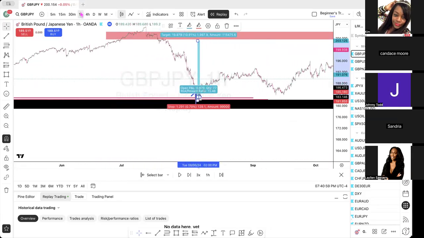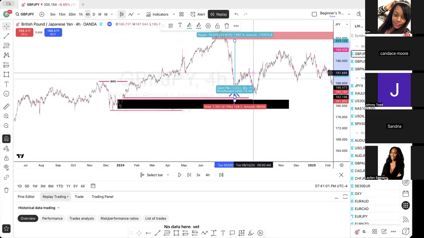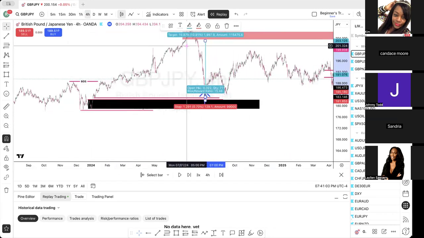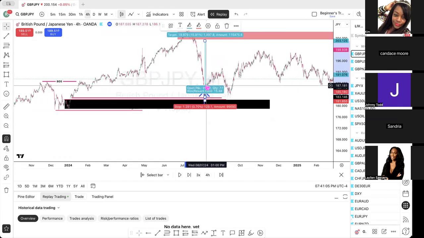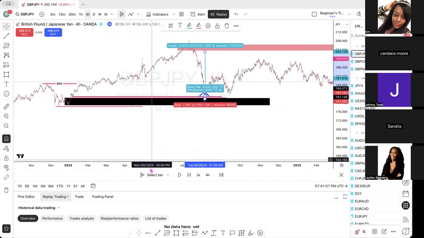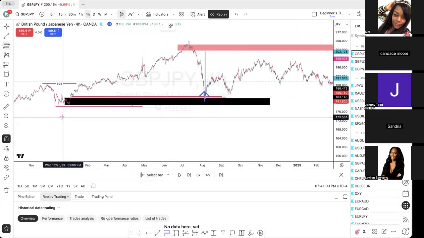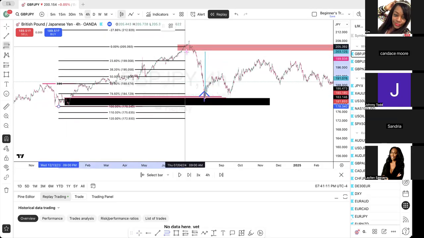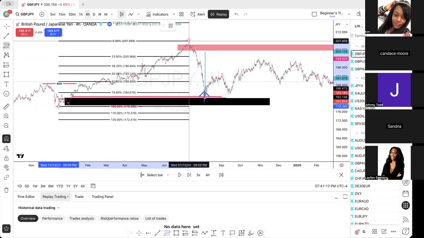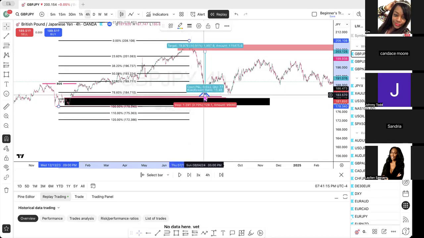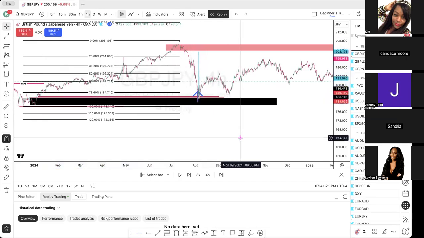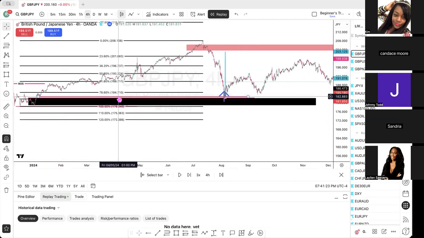Okay. So if this was the structure and price pulled back to it, I'm also going to fib it so you can see that it's at the 78 or 88. You see price came back to the 78 right here. Matter of fact, it even came back to the 88.